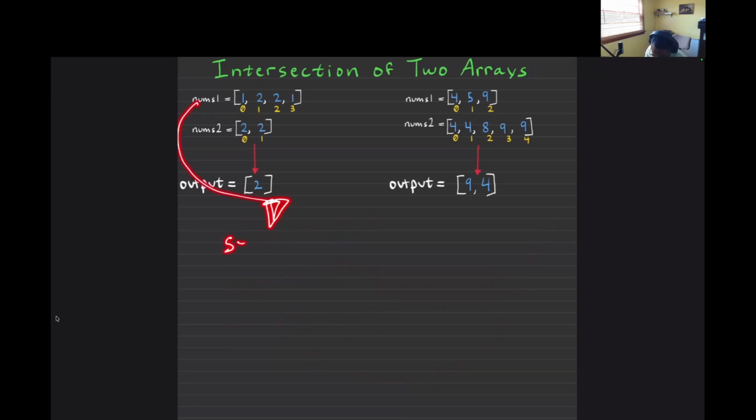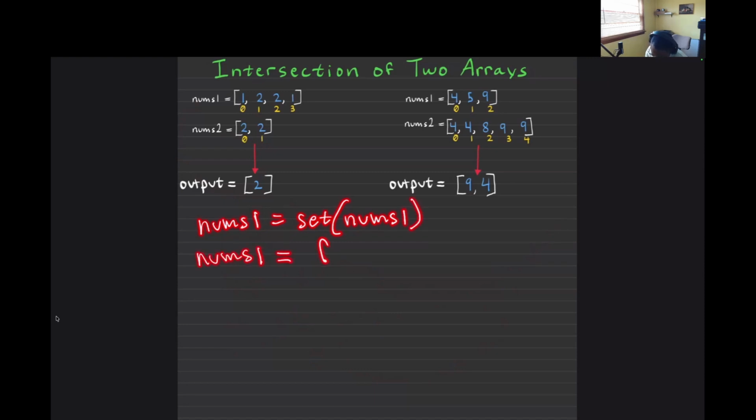So we'll say nums1 is equal to a set nums1. So nums1 will look something like this, right? 1 and 2. It removes all the duplicates and keeps just the unique values, right?